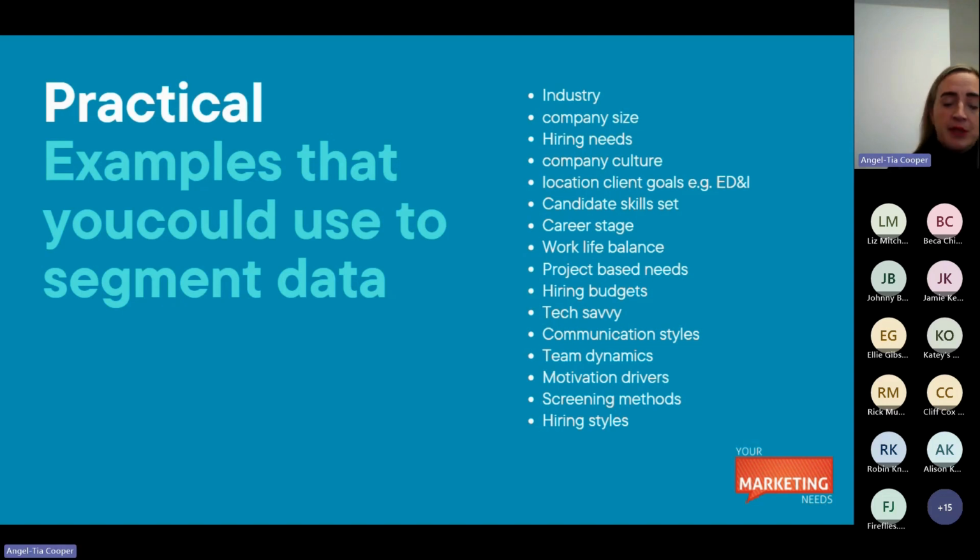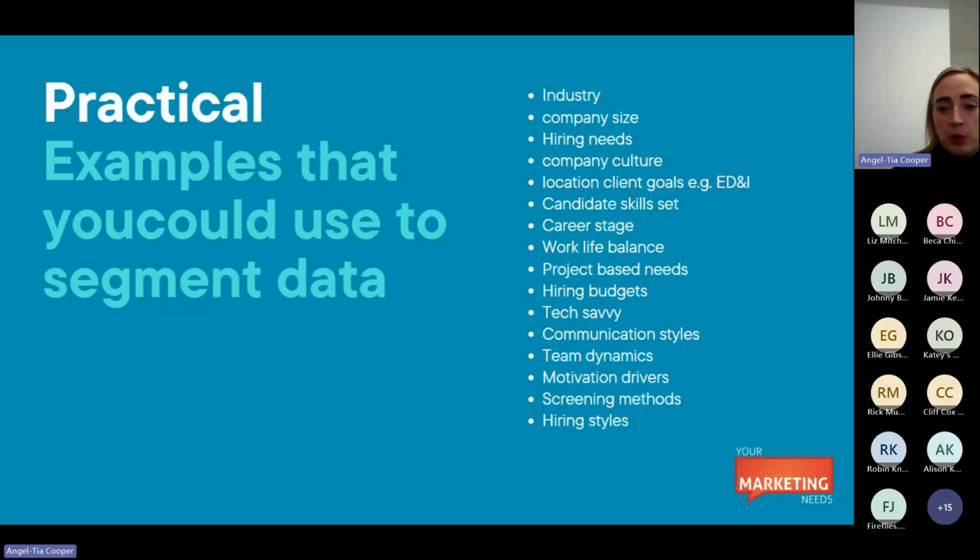Are you dealing with people at different career stages? Is that another identifier? And things like work-life balance, is this a company that specifically is focused on delivering a practical work-life balance? Again, it may attract a different type of candidate. So you can start to segment them into that if that was a speciality for you.